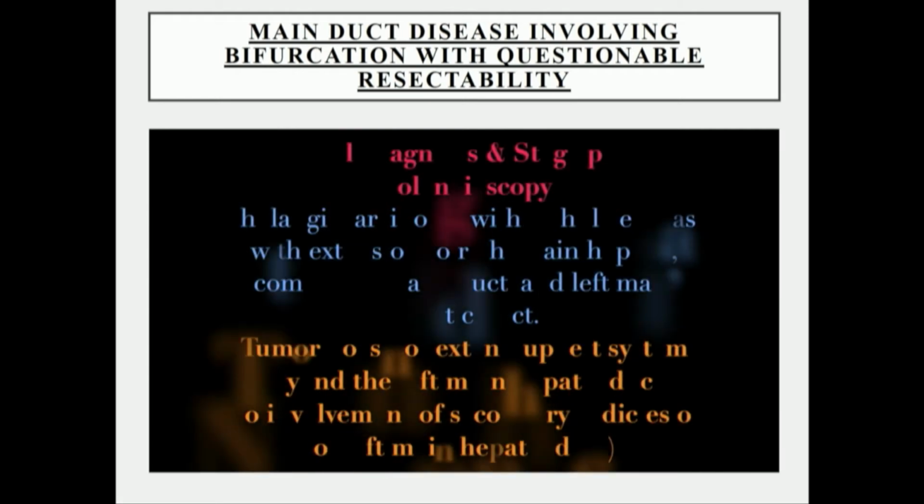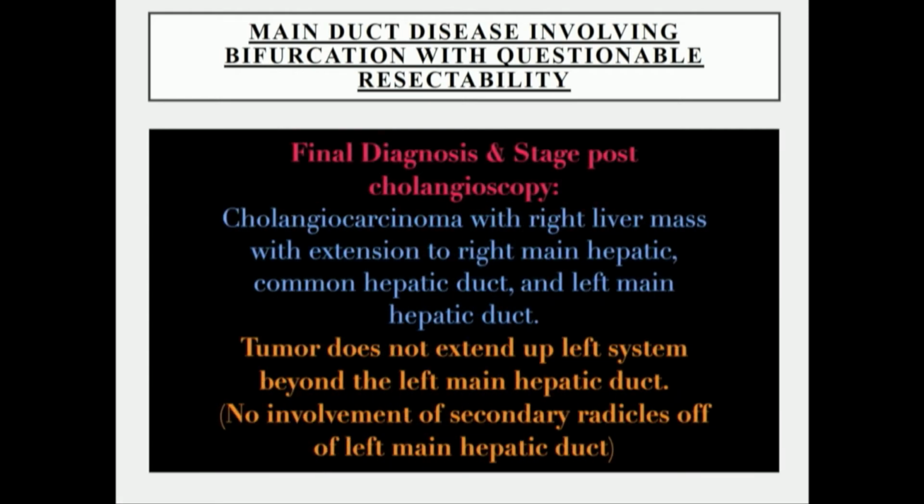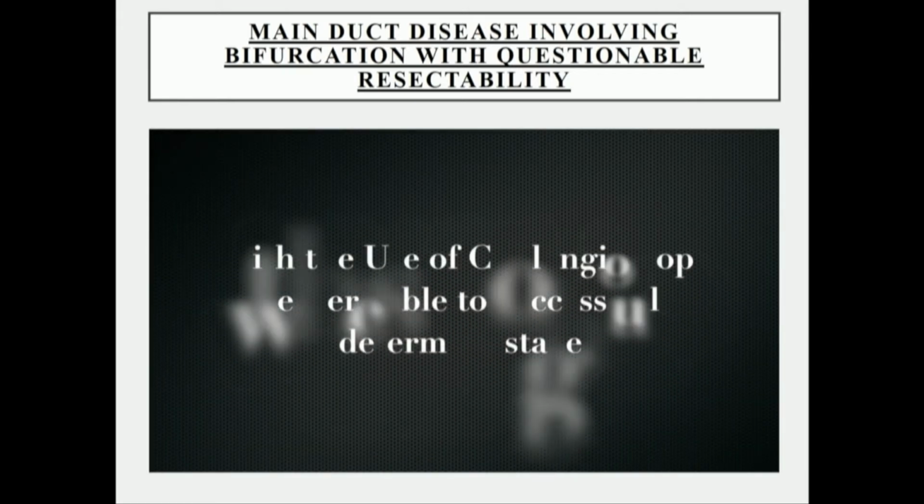So that patient had what we call an extended right hepatectomy, so resection of the first portion of the left side main duct and all of the right system with drainage of the left side by a new hepatic enteric anastomosis. So this patient had cholangiocarcinoma limited to the right liver.